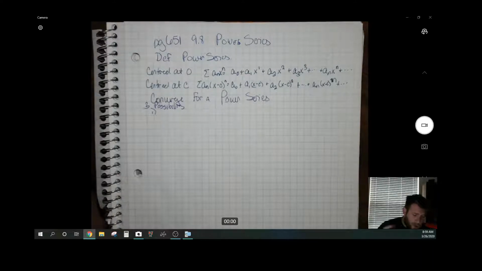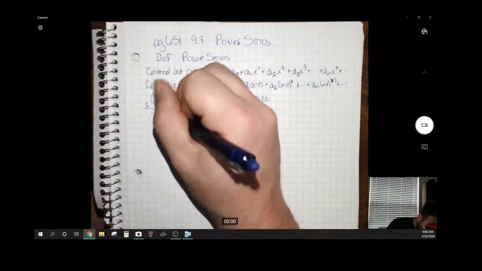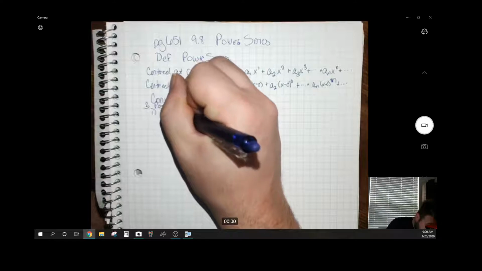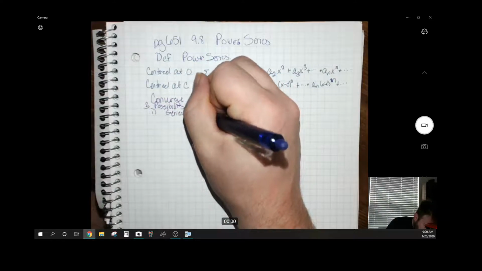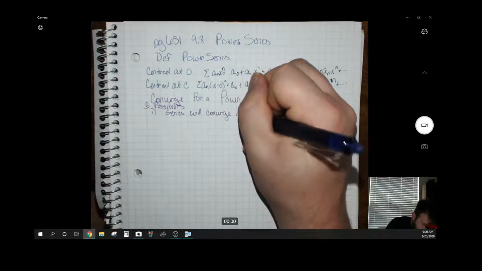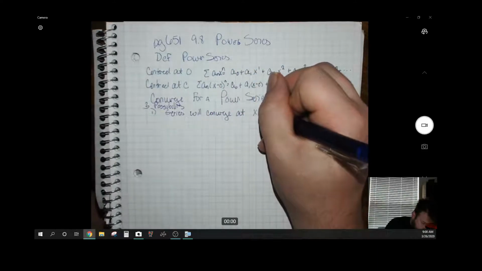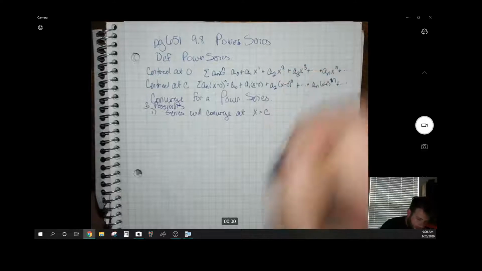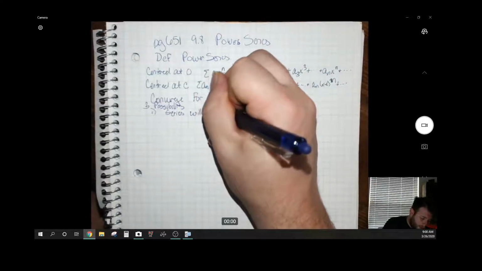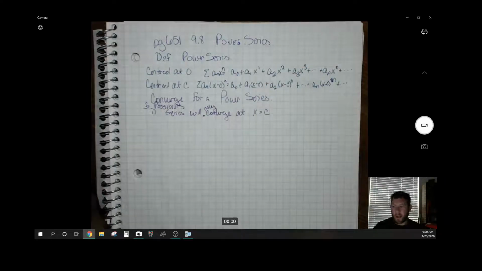And that'll work for both Maclaurin and Taylor. So the series will converge at x equals c. To be more specific, it will only converge at x equals c.